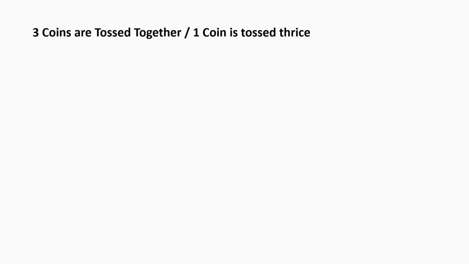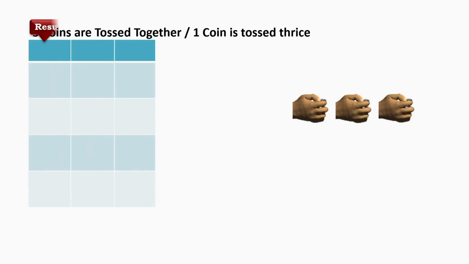Now, what will happen when three coins are tossed together, or one coin is tossed three times? Thrice means three times. So, let us take a look at the table. If three coins are tossed together, then we will have first coin, second coin, and third coin.